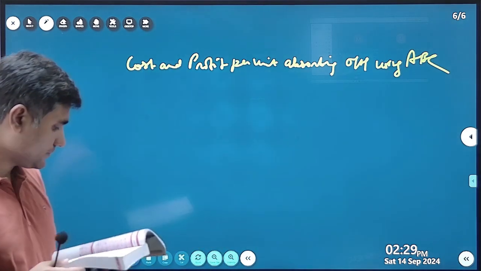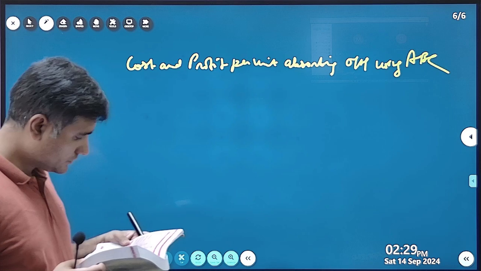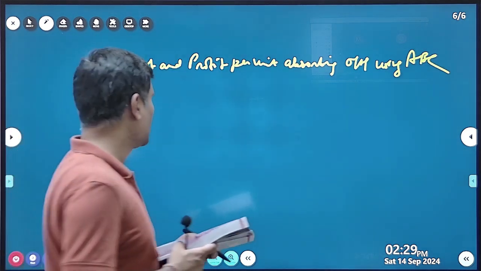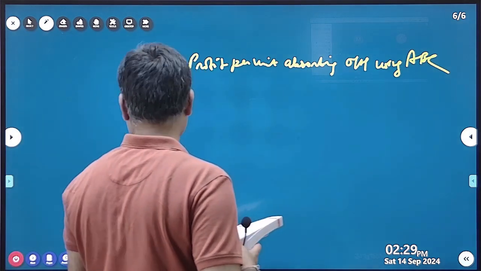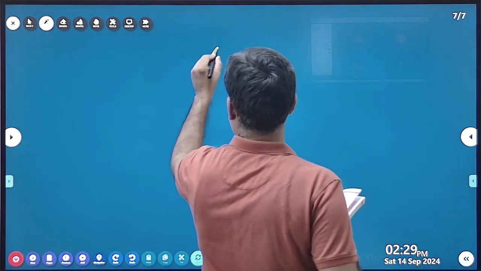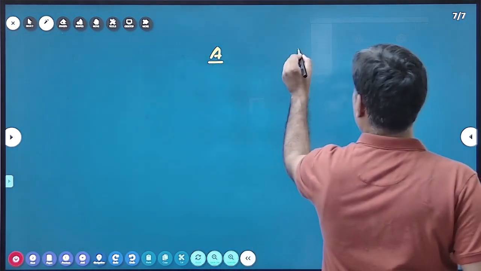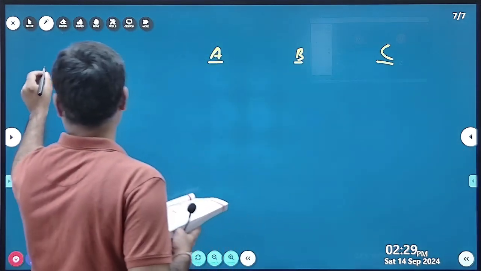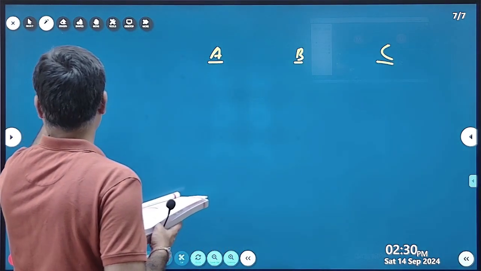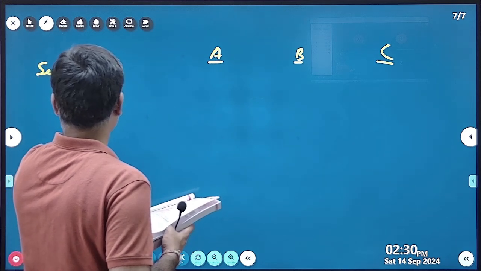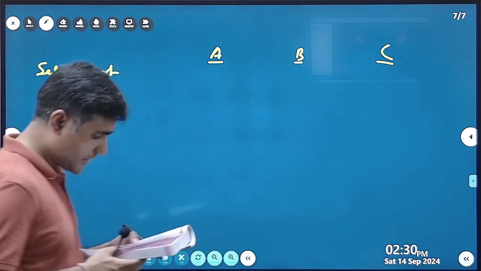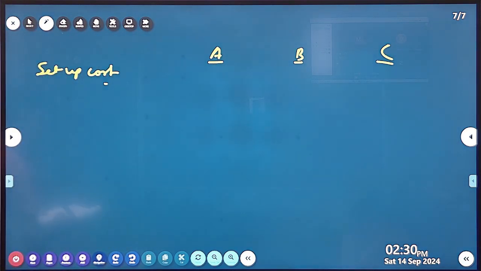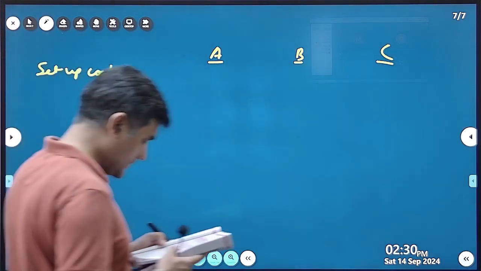So first is setup cost. What will be the cost driver for setup cost? Number of setups.